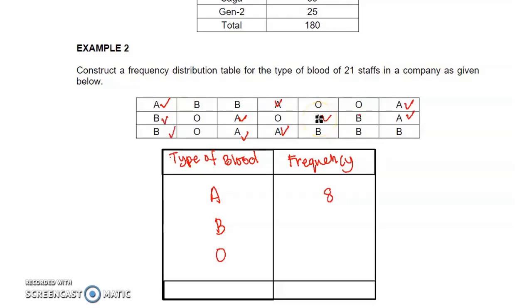B, 1, 2, 3, 4, 5, 6, 7, 8. And O, 1, 2, 3, 4, 5. So total here will be 21. So that's how we put raw data of a qualitative variable into a frequency distribution table.